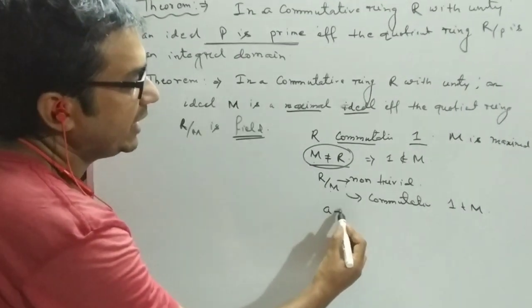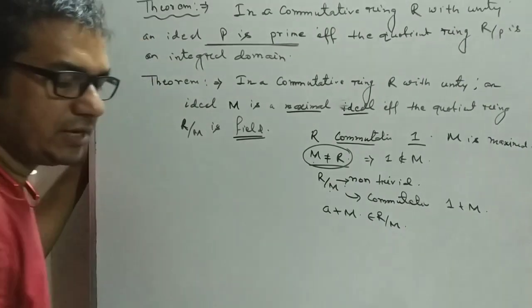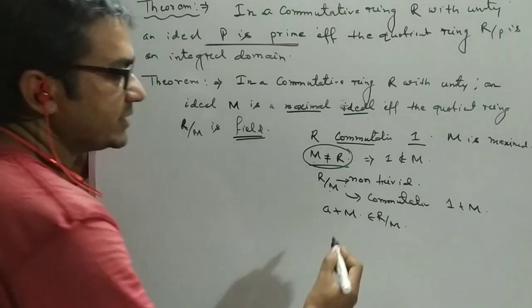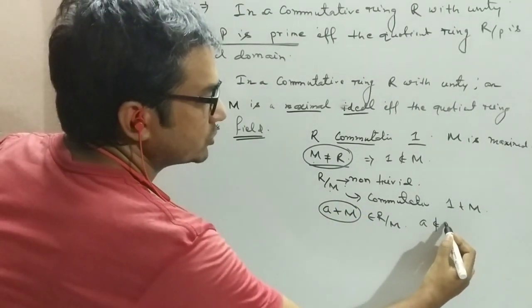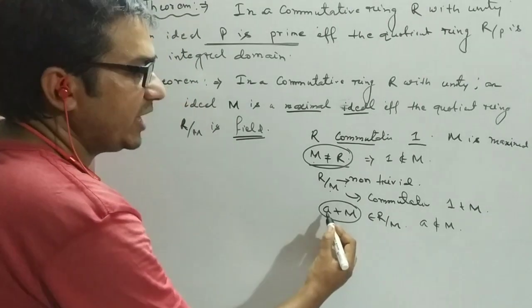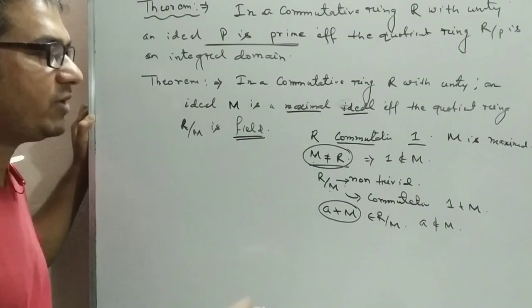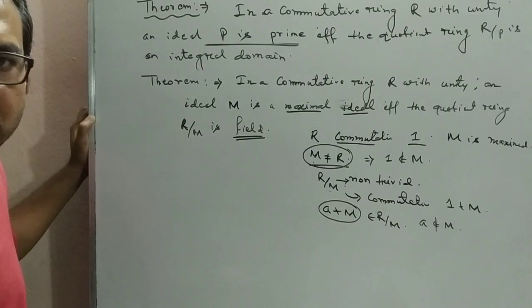Let a + M belonging to R/M be a non-zero element. Since this is a non-zero element, a does not belong to M. Because if a belongs to M, then a + M = M, and M is the zero element of R/M.